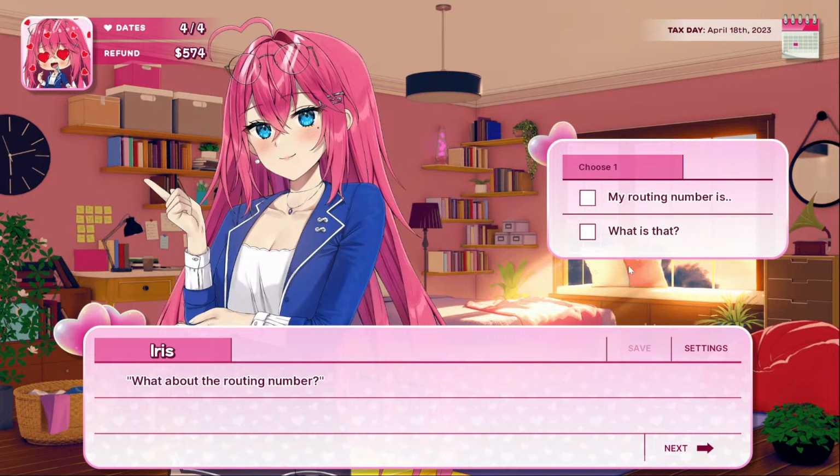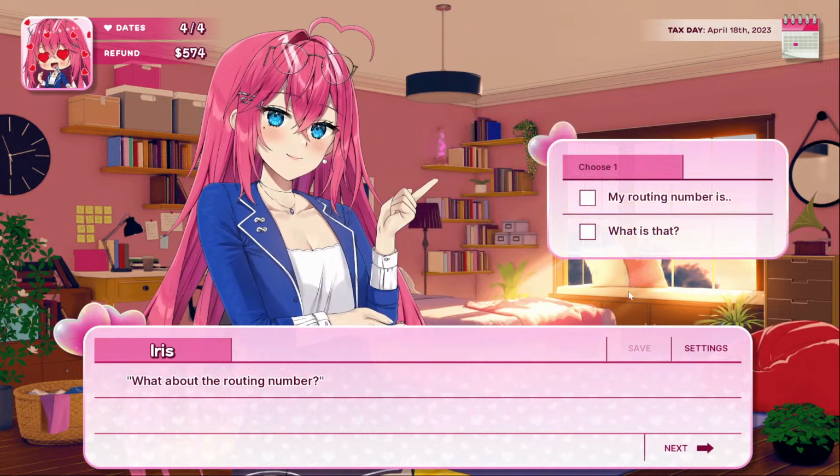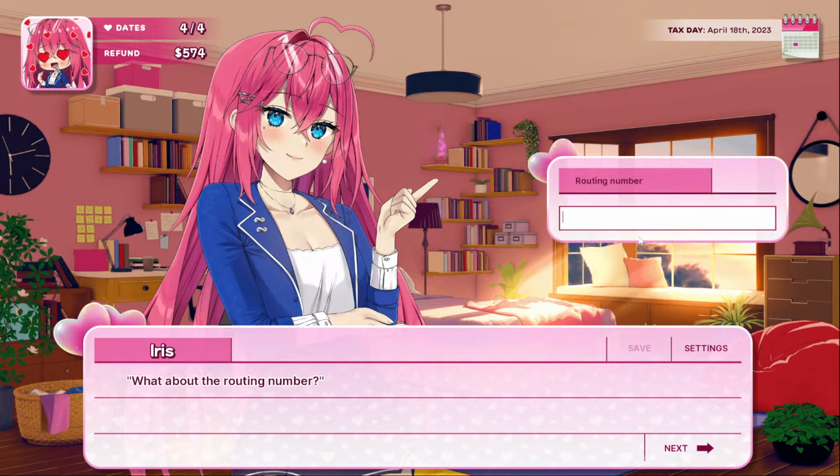What about the routing number? What is that? A 9-digit routing number found by signing into your bank account online, calling your bank, or just Googling it. It also appears on the bottom of your checks and usually on account statements. I don't even think I have a routing number for my own account here in Dubai or Philippines or in Dubai. It said 9 digits.